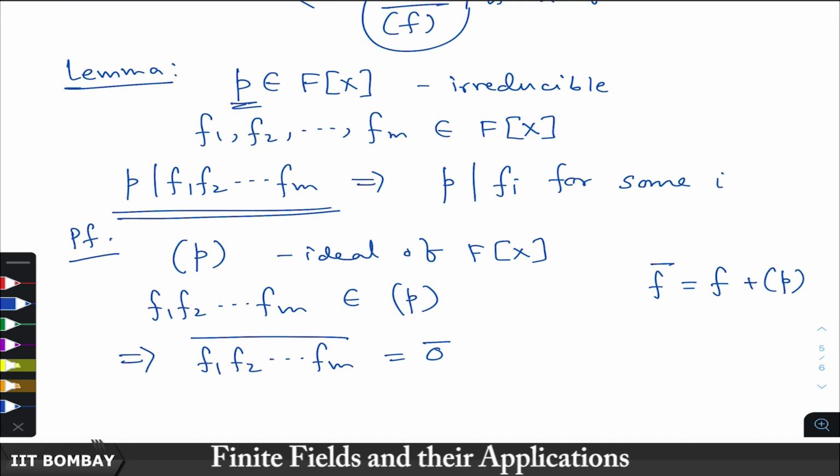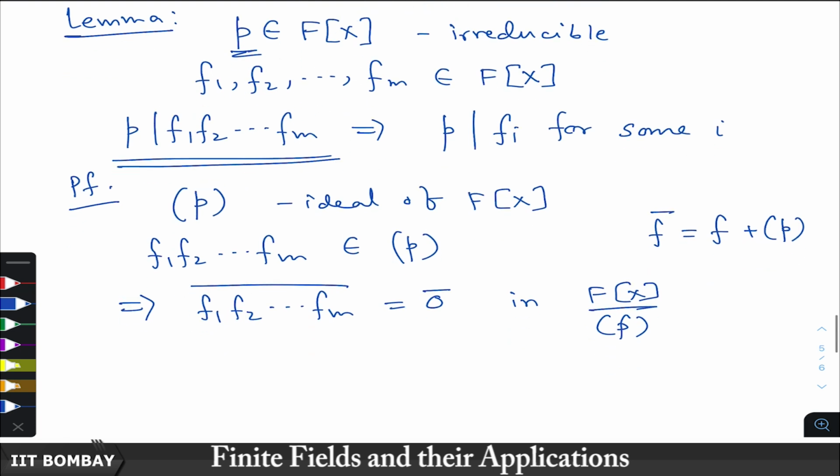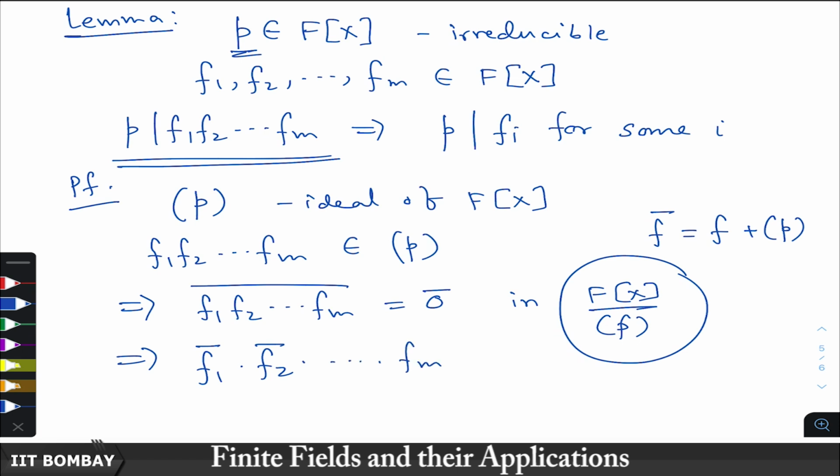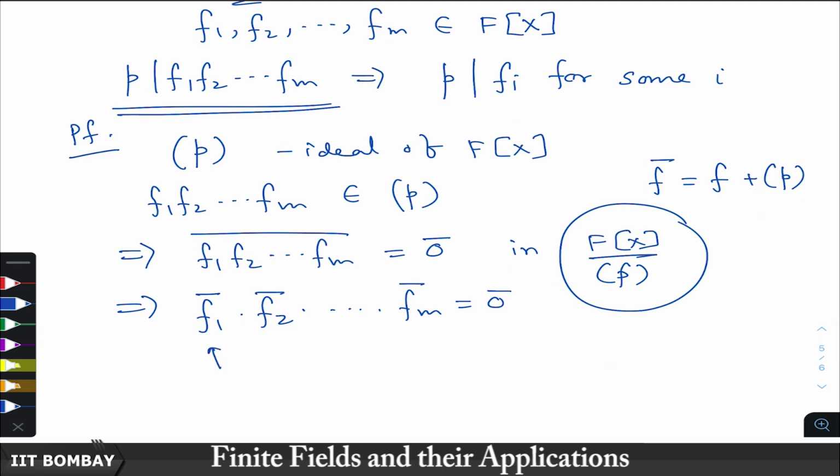So, F[x] by P is a field. Now, the left hand side is the same as the product of the cosets of f1, f2 and fm. This is the same as 0. Now, these are elements in this field.